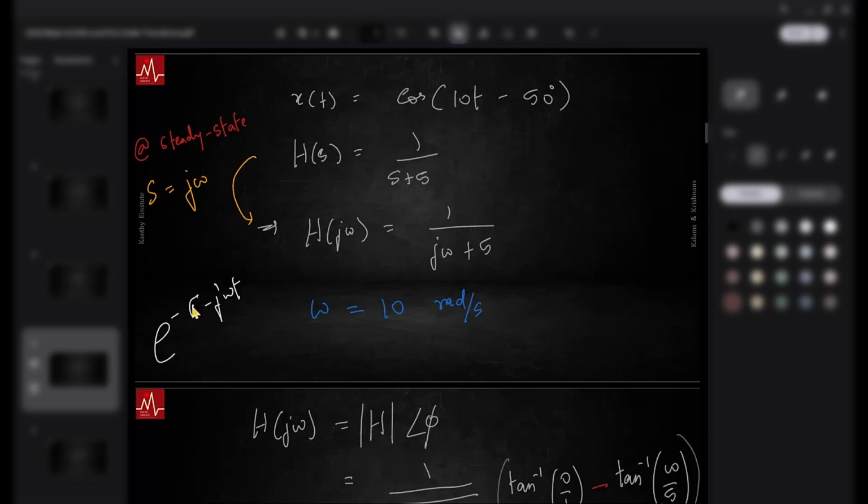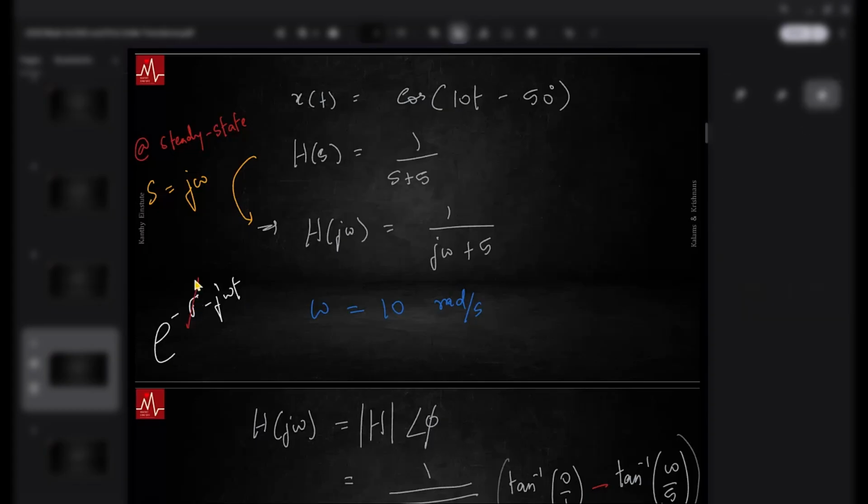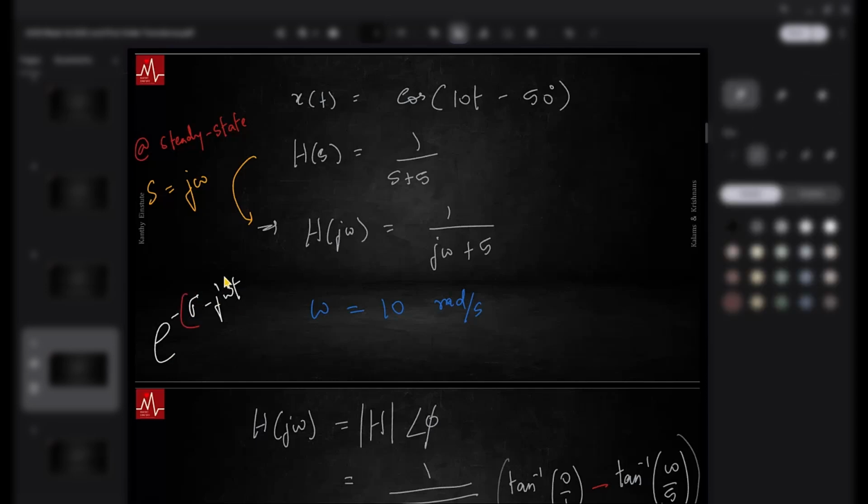Any transient part, sigma, you set that to 0. In fact, you can write this as e power minus sigma t into e power minus j omega t, right?